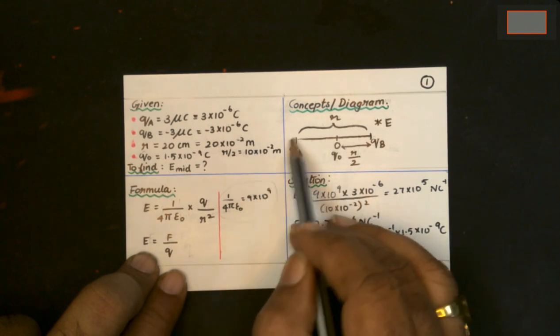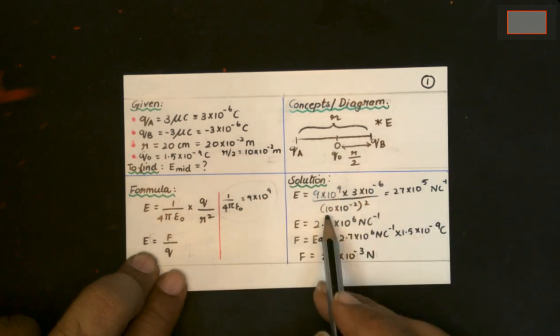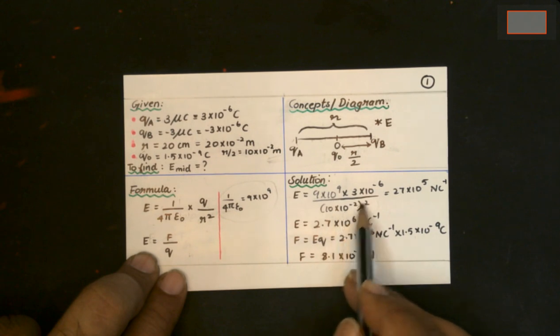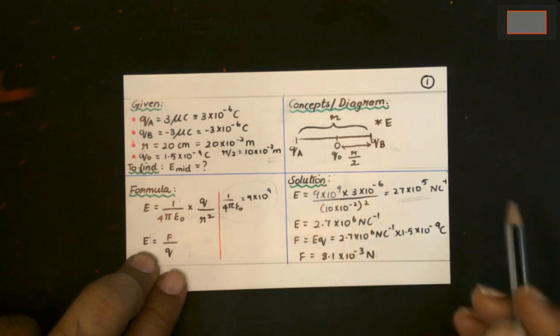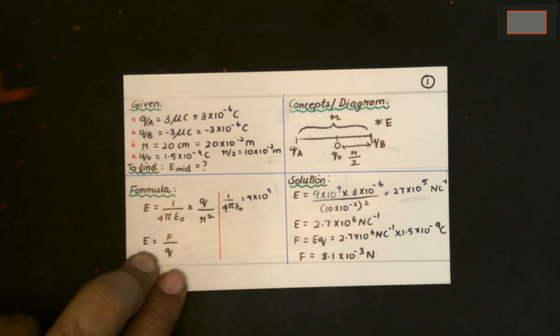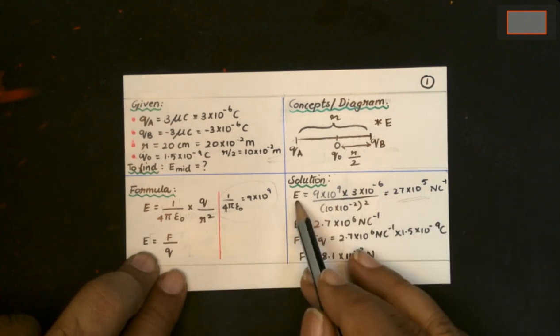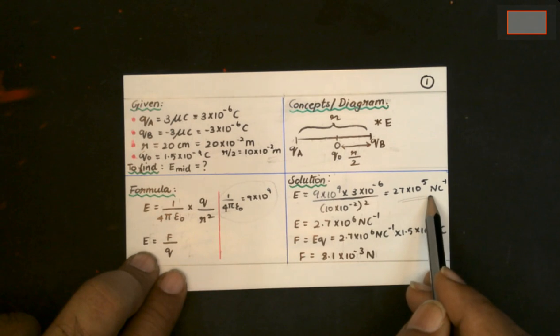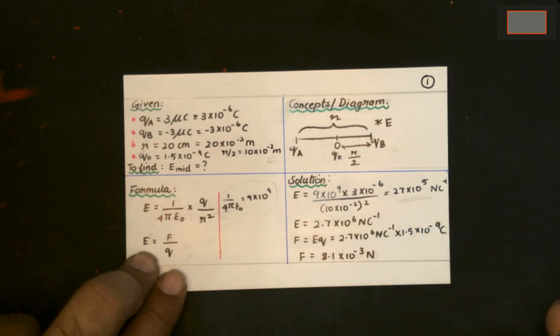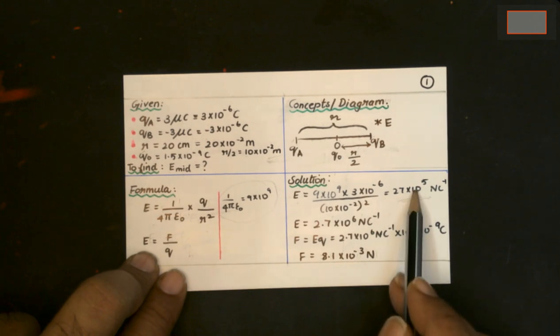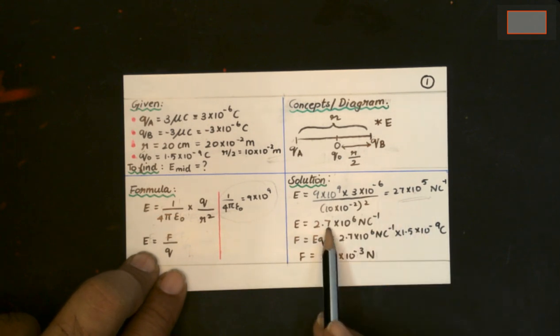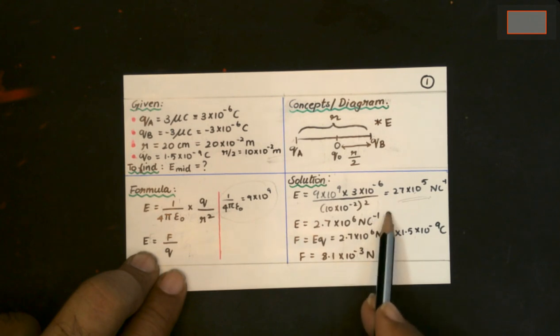So 10 into 10 power minus 2 meter. So we can introduce 10 into 10 power minus 2 the whole square, and its value is found to be 27 into 10 power 5. And we know the unit of electric field is Newton per coulomb. Now we have got the value 27 into 10 power 5. We can change this into scientific notation. So 2.7 into 10 power 6 Newton per coulomb.